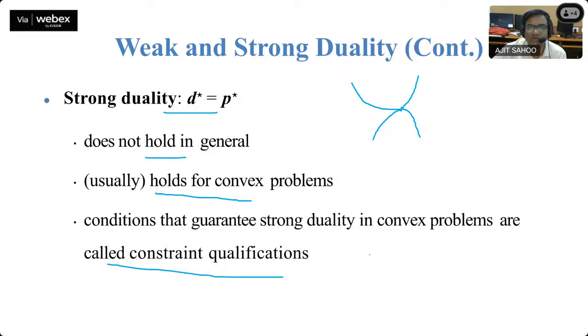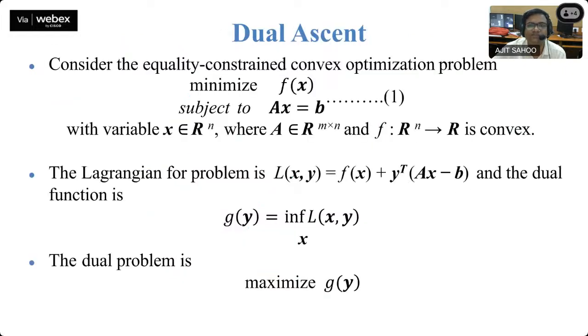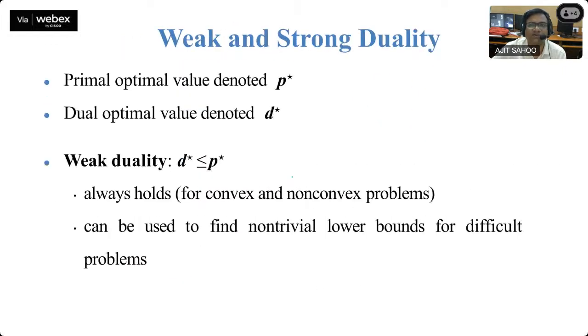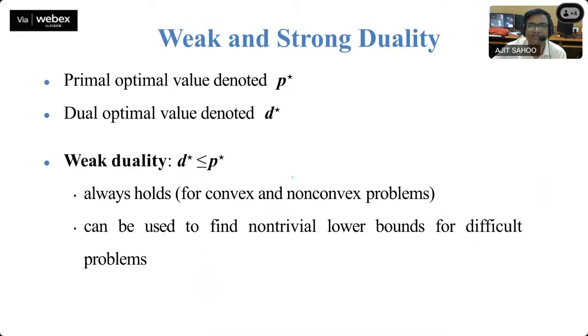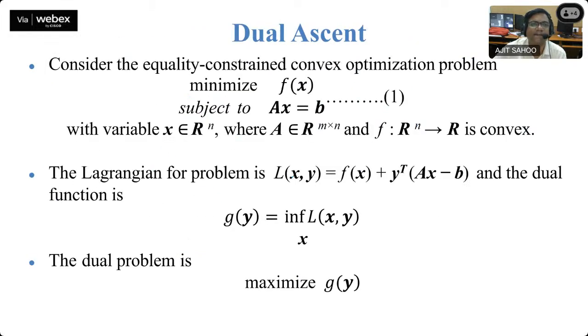For strong duality, the problem has to obey some constraint qualifications, which I am not going into. So that covers duality, weak duality, strong duality, convex functions, and convex sets. With this background, we'll go to the algorithms.